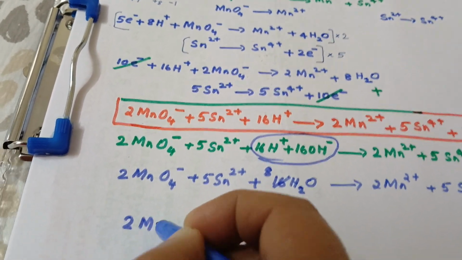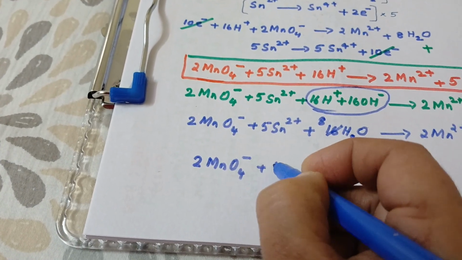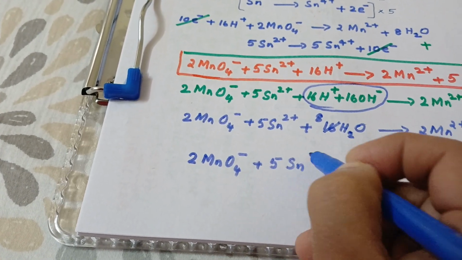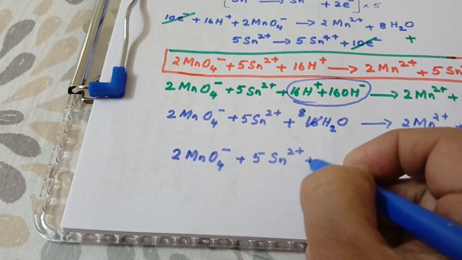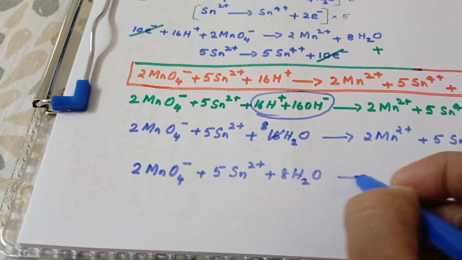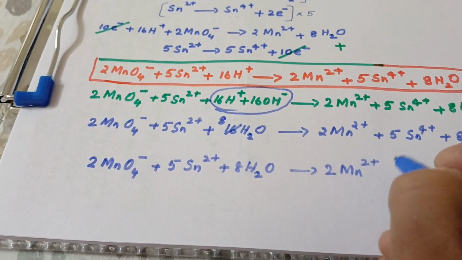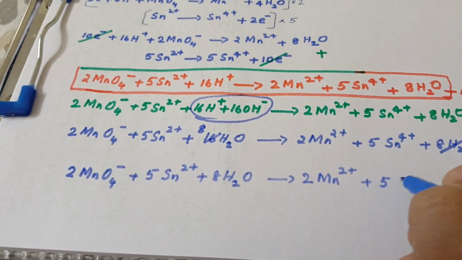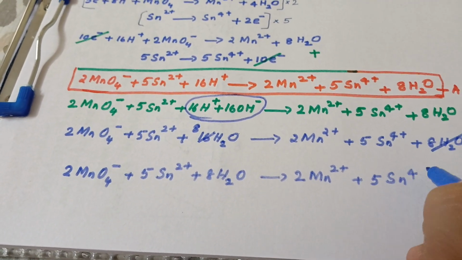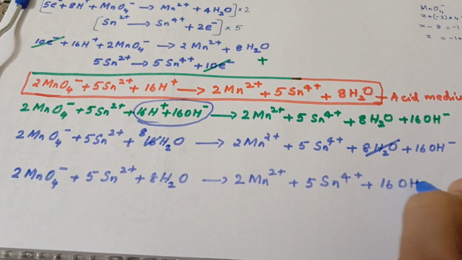2 MnO4 minus plus 5 Sn2 plus 8 H2O giving 2 Mn2 plus, 5 Sn4 plus, 16 OH minus.